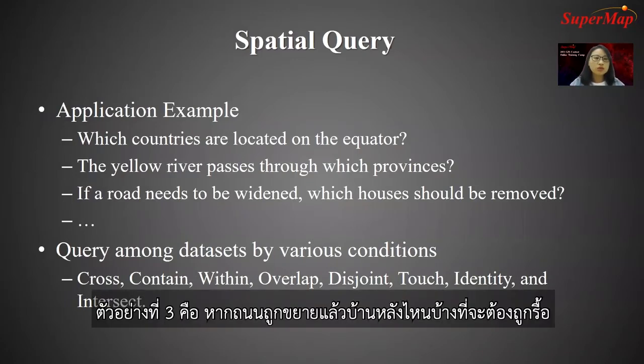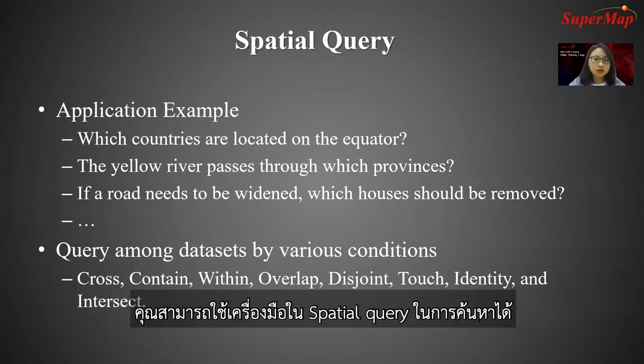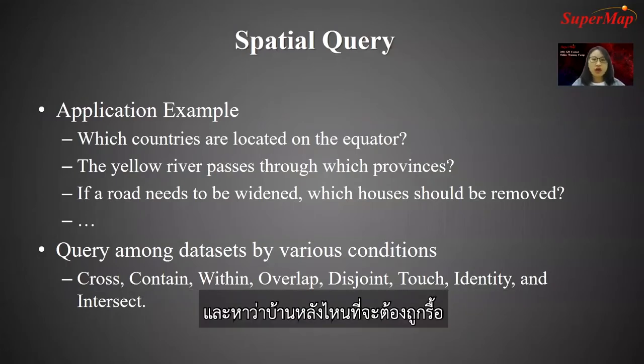And the third example is about roads. If a road needs to be widened, which houses should be removed? Here we can also use this spatial query to check the relationship between the road and the houses, and to find out which houses should be removed.